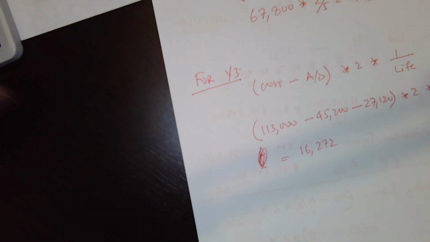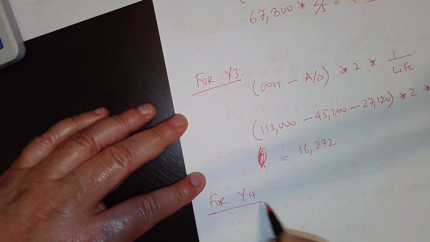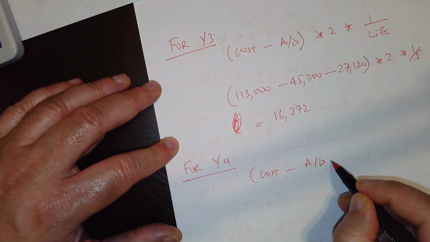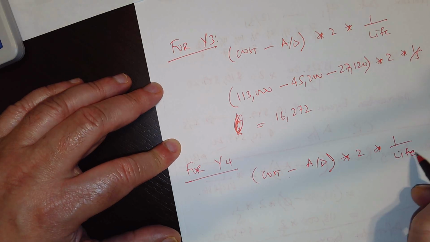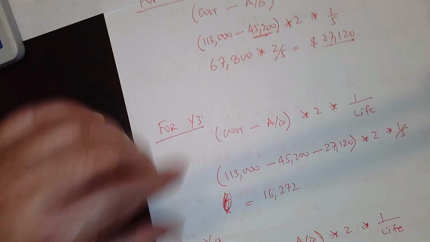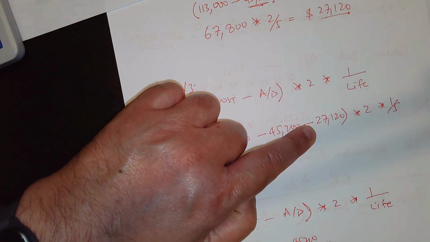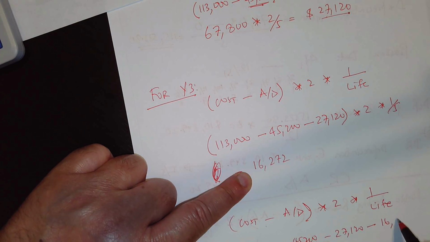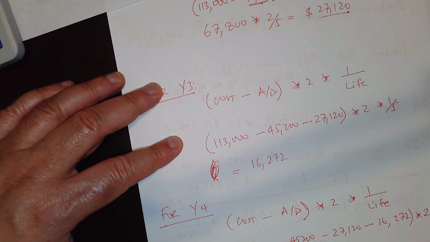Now you know that you have a 5 year life, so you will do year 4. For year 4, you have cost minus accumulated depreciation, multiply by 2, multiply by 1 over life. So cost is 113,000. First year we have 45,200. Second year we have 27,120. Third year we have 16,272. We multiply by 2 and then multiply by 1 over 5.